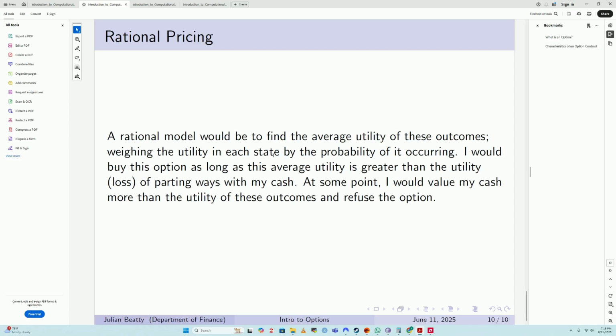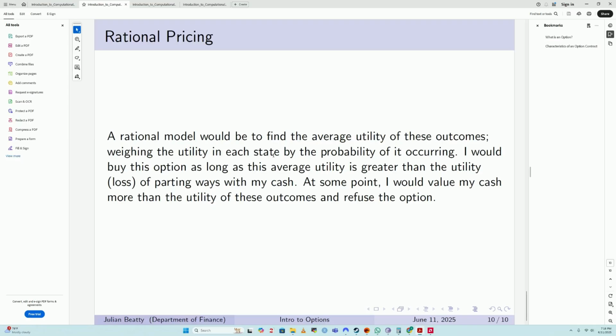So a fairly rational model, in my opinion, would be to find the average utility across all of these outcomes. And we can do this by weighing the utility gained from each possible outcome by the probability of it occurring. In other words, an expected value.